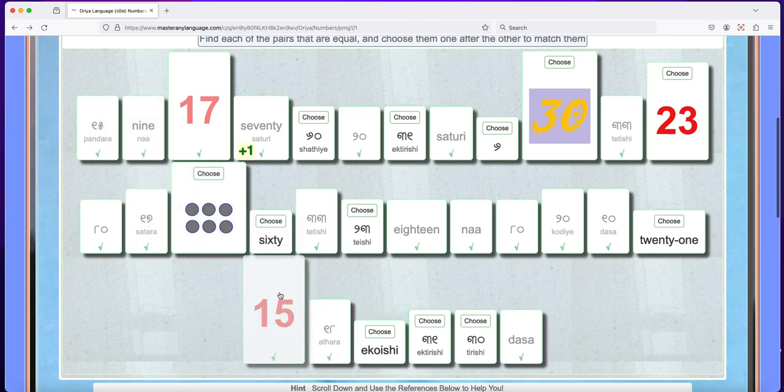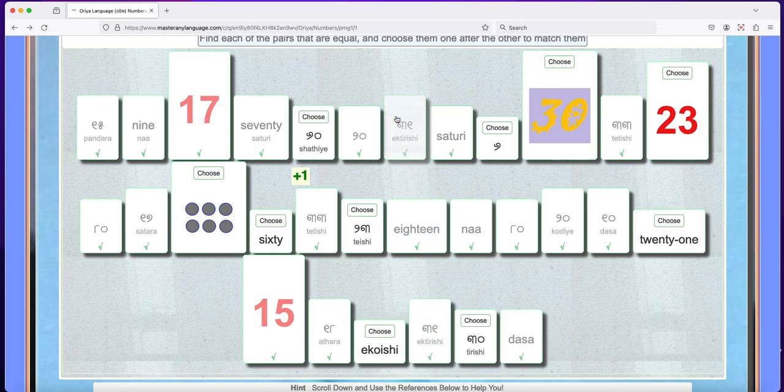Pandara. Oh, now I'm seeing it. This digit here, I was thinking that's actually 1. That's dasa. That's a one. Okay. Oh, ek. Wow. Okay. Now I see that. Ek trishi.